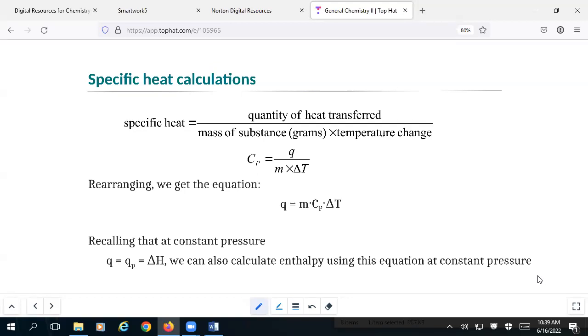So going back to that heating curve calculation, calculation 1, we're changing temperature. Calculation 3, we're changing temperature. This is the equation that we're going to use. Calculation 2, phase changes. Phase changes happen isothermically, meaning that they happen at the same temperature.